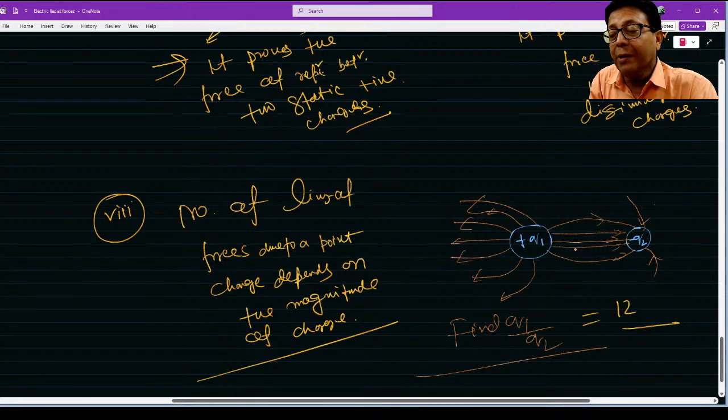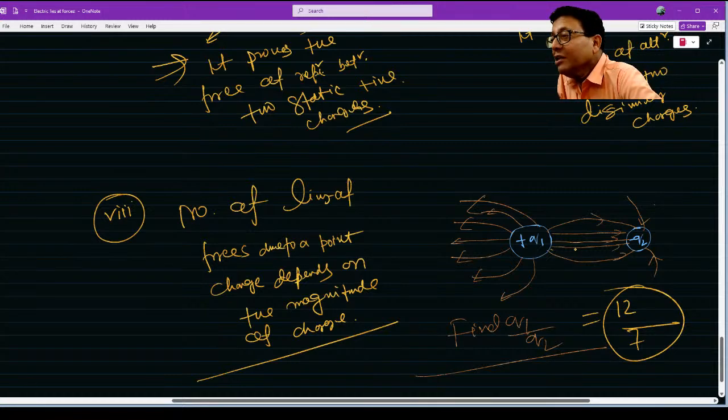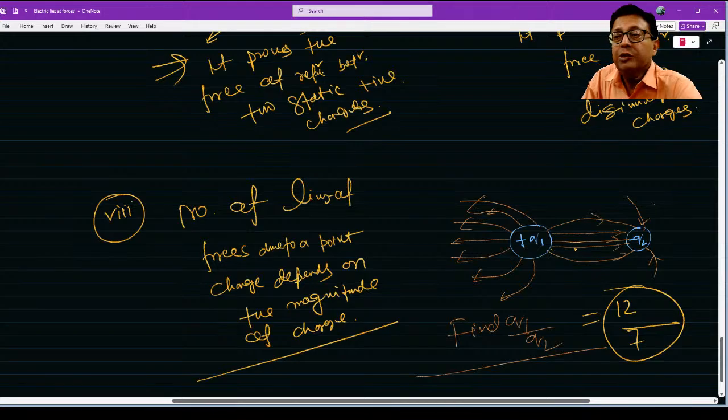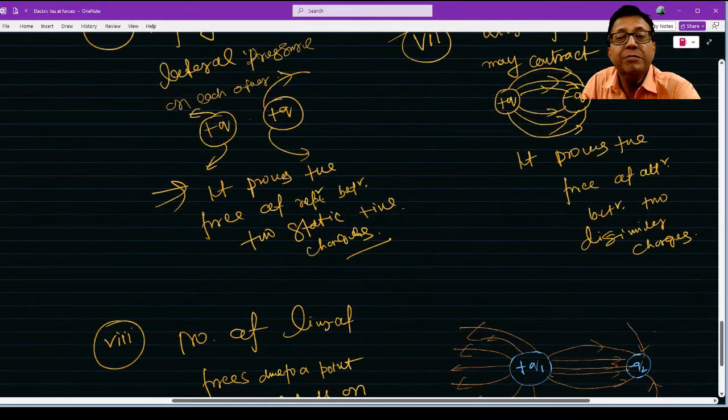That divided by how many are there? Okay, take one more if you like. Leave it. 3 to 5 to 7. So the ratio between the magnitudes of the two charges is 12 is to 7.